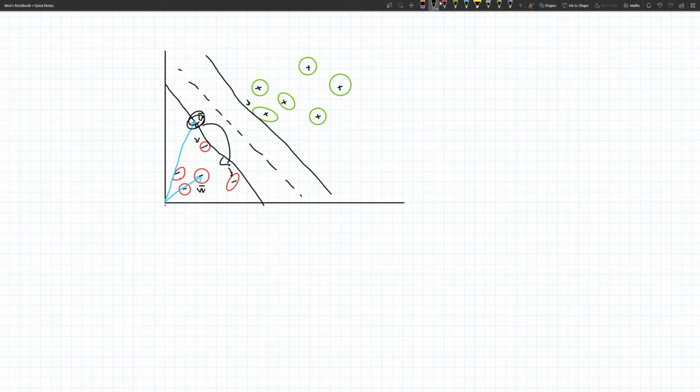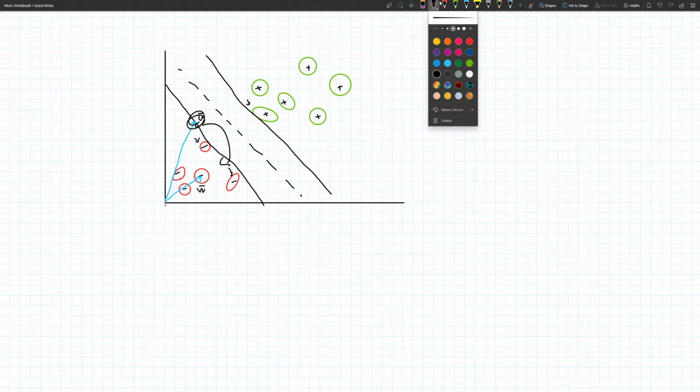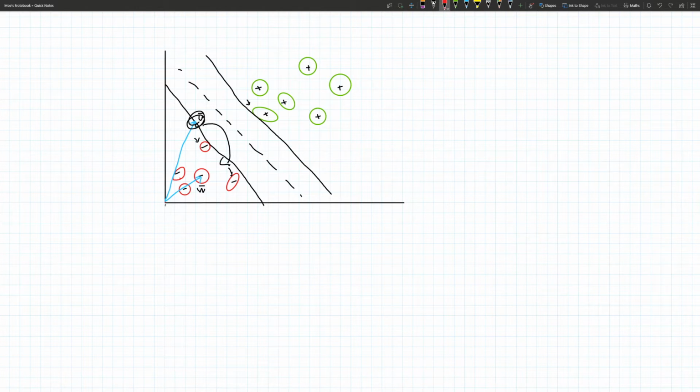So what's the mathematical equation? We take W dotted with U, the dot product with U, and then we need to know if the projection is greater than or equal to some constant C.